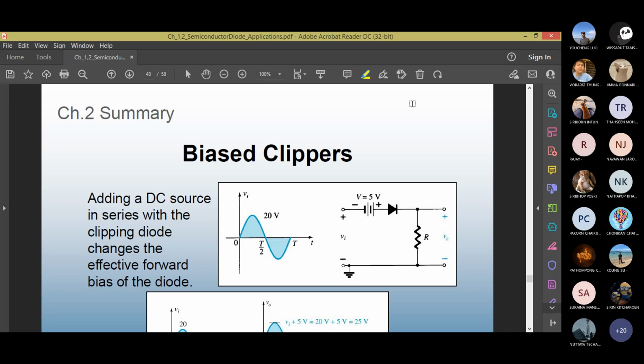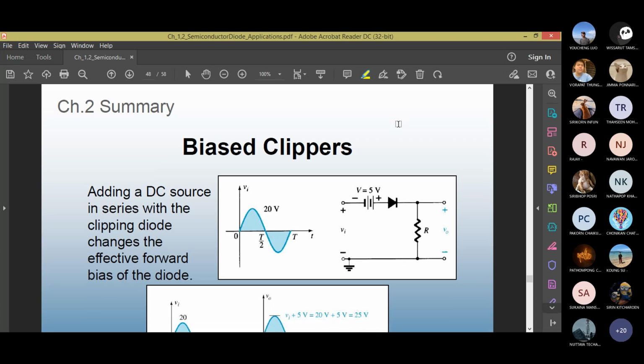So why did we bias this clipper? If you add a DC source in series with the series clipper, it will change the forward bias of the diode. How does it change? It changes the biasing level.